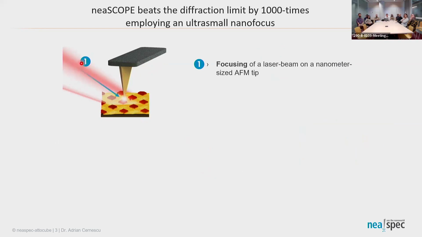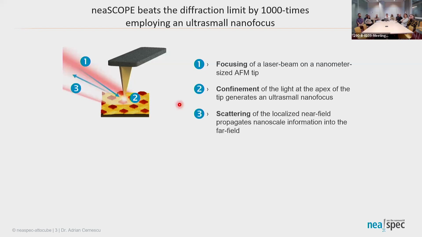In addition, there is a laser which is focused on the tip. And this tip works like a small nano antenna. It's going to focus the light at the end, so it generates an ultra small nanofocus.